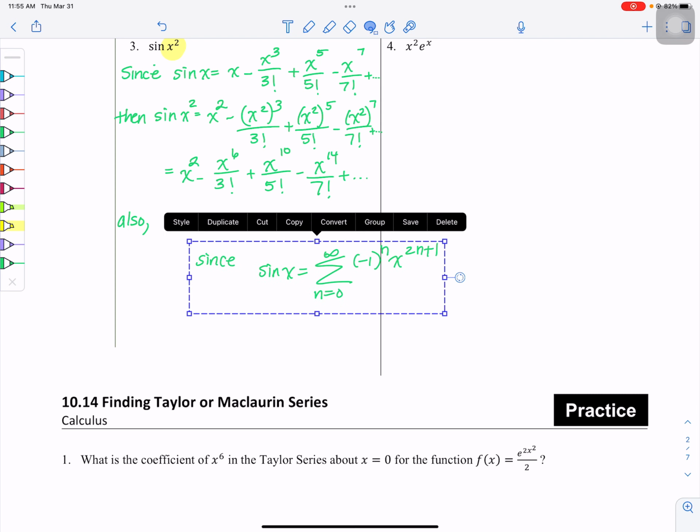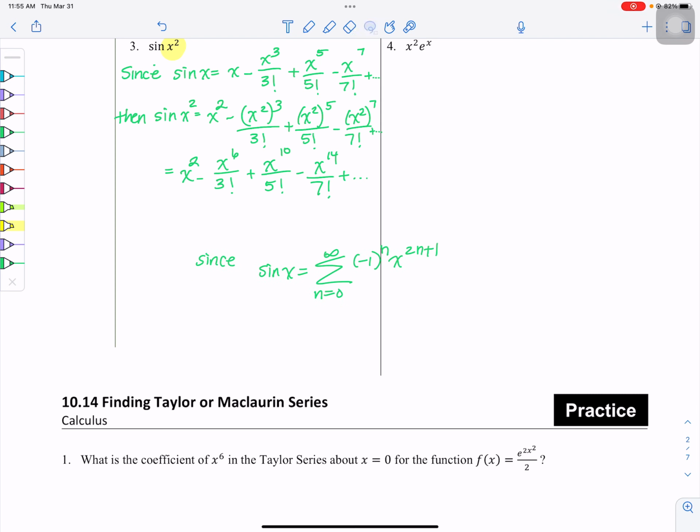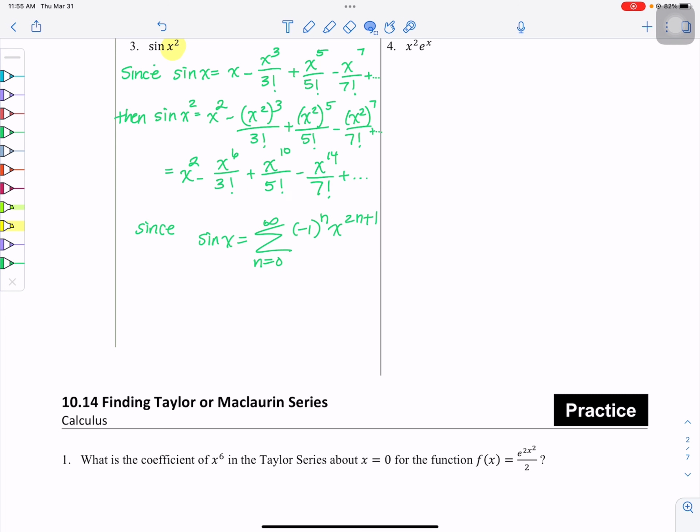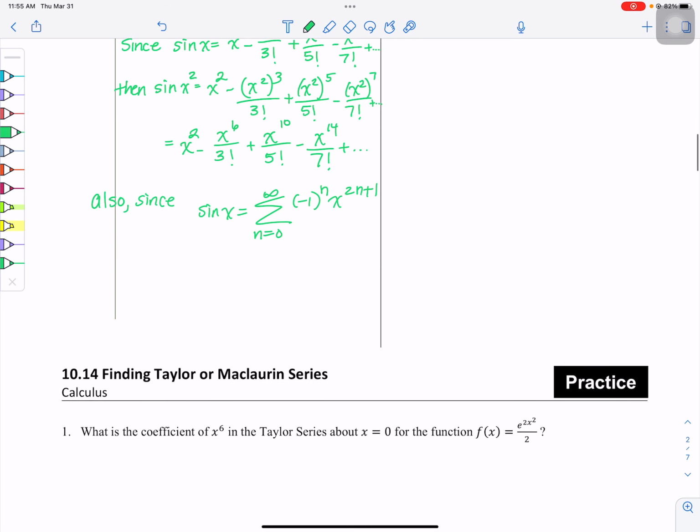Let me move that and erase this. There we go. Then sine of x squared is going to be (-1) to the n, x squared to the 2n plus 1.